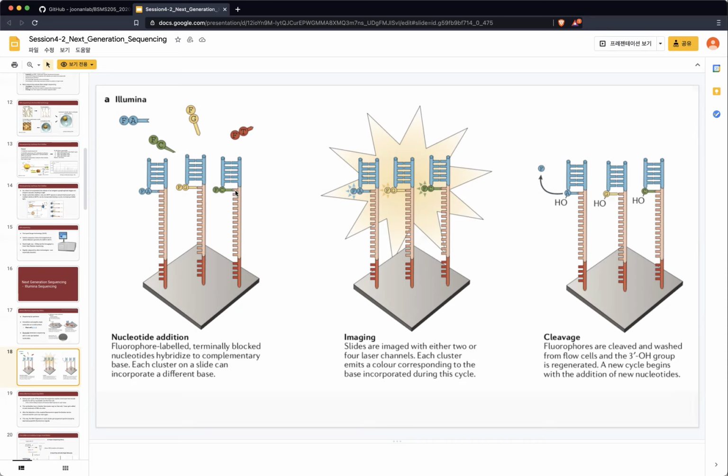Once the first cycle is done, you get the fluorescence emitted, and after that you cleave the area of the fluorescence. Then it will make hydroxyl groups on here. Then it will bind to another nucleotide onto here. Then it will repeat the same synthesis process.